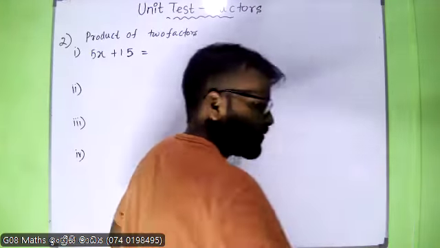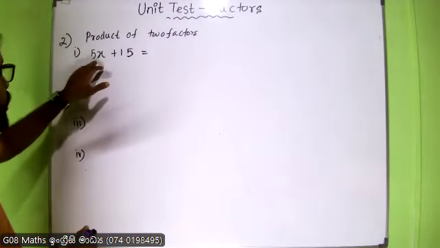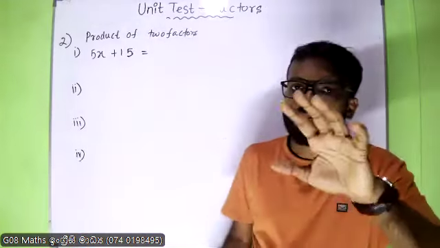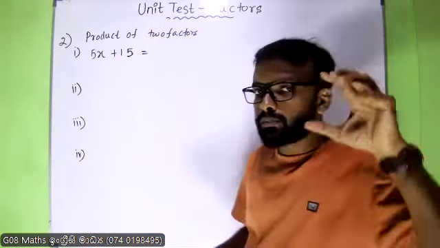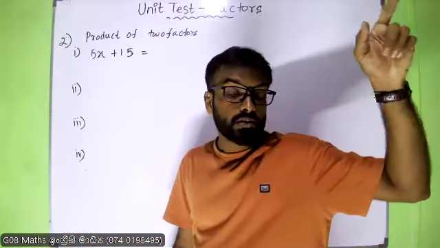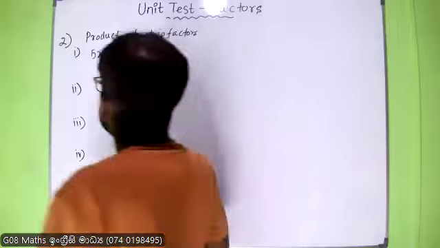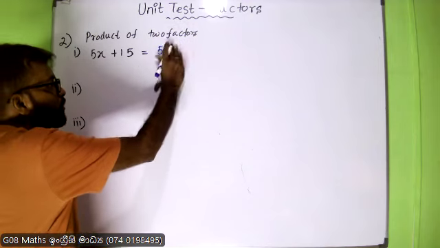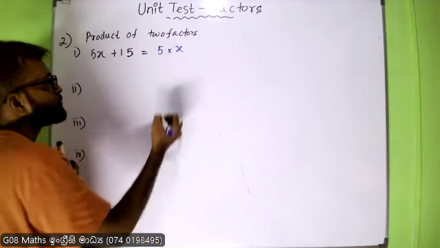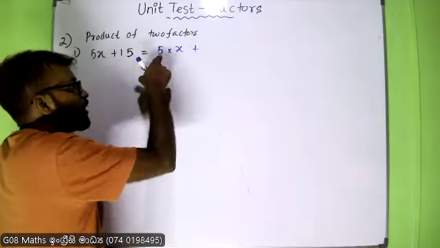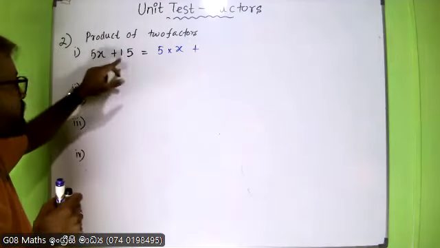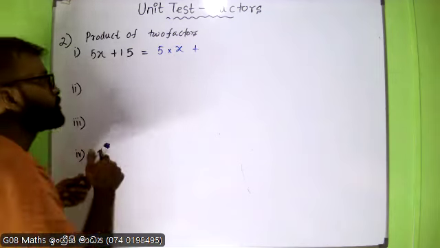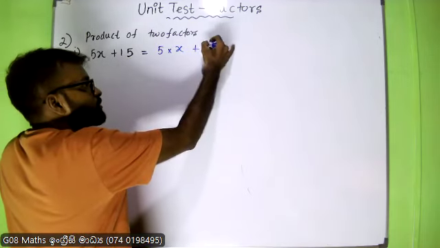First of all, I am going to identify the common factor for both terms, 5x and 15. Like we did in the first question, here you have 5 multiplied by x. 15 is a multiple of 5, so you can write 15 as 5 times 3.